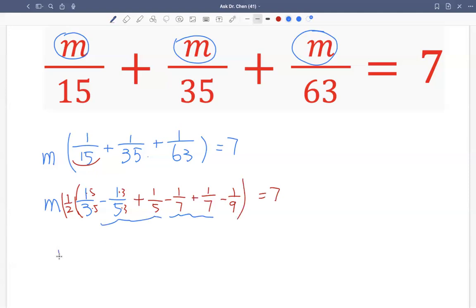So we're left with m times half times 1/3 minus 1 over 9. And that equals 7. Then multiply 1/3 by 3 over 3 again.